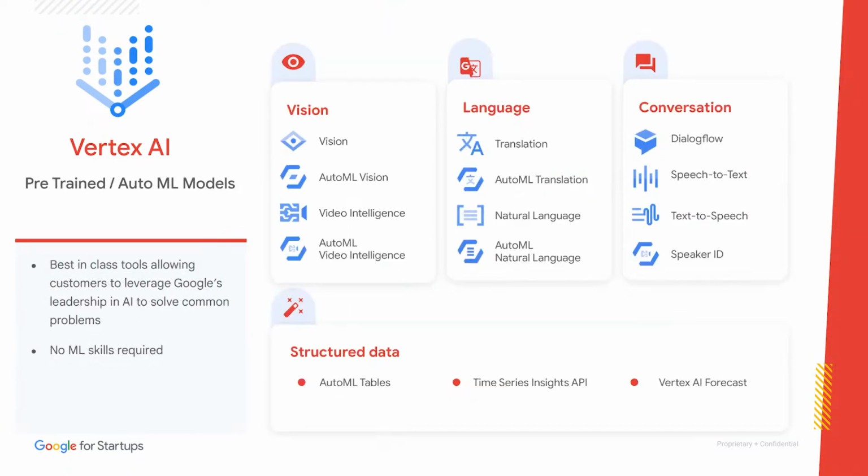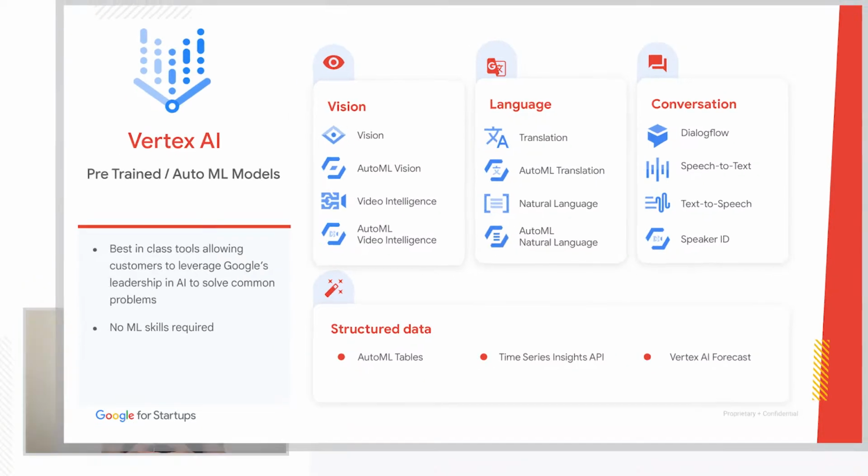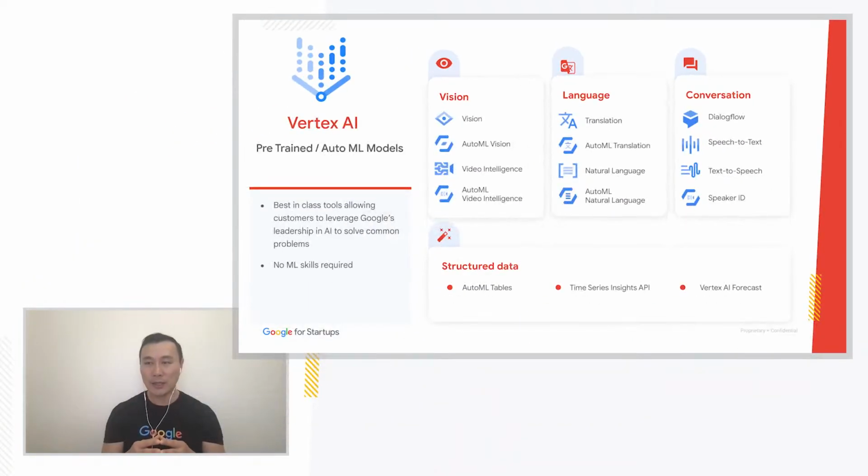As I mentioned with AutoML, with the pre-trained models, the way we wanted to approach AutoML in Vertex AI is that we want to address maybe 80 to 90% of most use cases out there. So it's not just for tabular data, as you can see here. You can train machine learning models for computer vision, right?